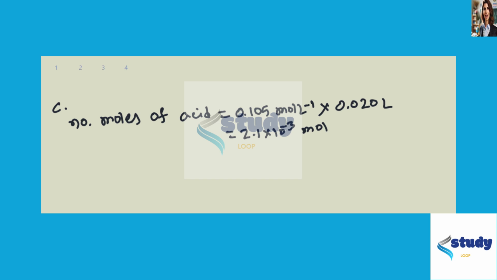So this is the number of moles of the acetic acid. Now we have to find out the number of moles of base in 5 ml, because we are adding 5 ml of base at this point.